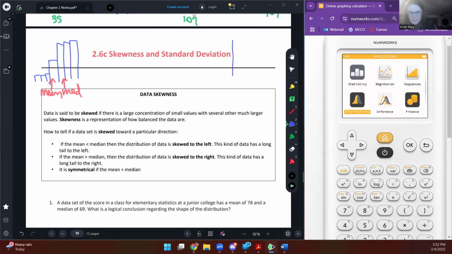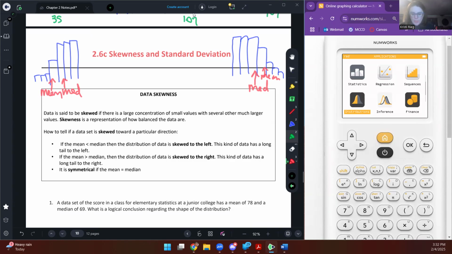In the opposite scenario, if we have these tall towers and then they get smaller and smaller and smaller, again the median is right in the middle, but the mean on this one is going to be a little bigger, because those larger values, when they get averaged in, make the mean bigger.